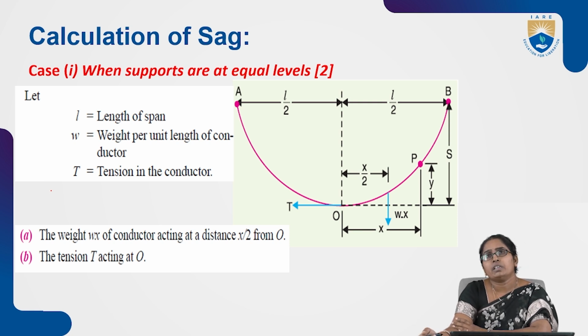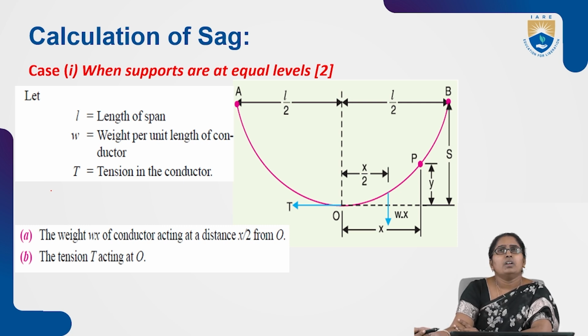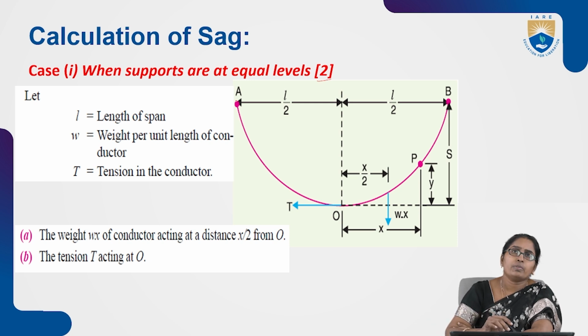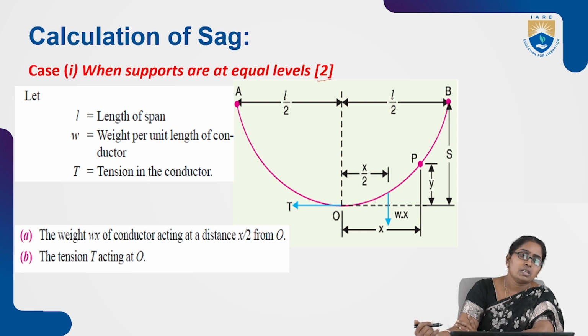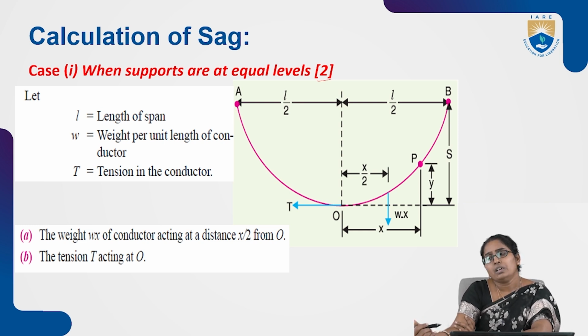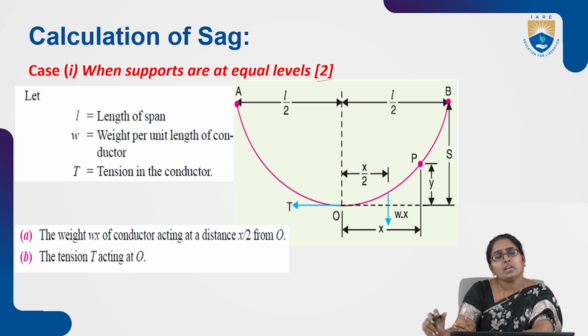This is taken from textbook number 2 in the references I mentioned. When supports are at equal levels, both towers, electrical tower A and next one B, are at equal height above the ground, on the same level ground.